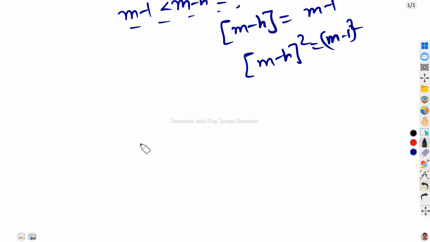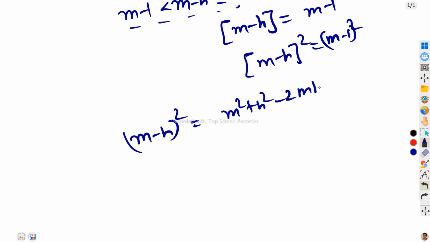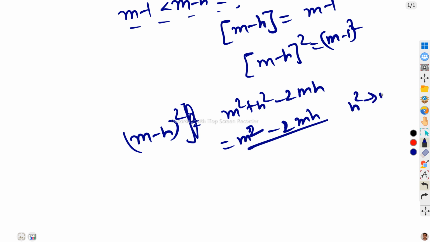So what is (m minus h) square? It can be written as m square plus h square minus 2mh, under the bracket. Since h square tends to 0, this value is just to the left of m square.